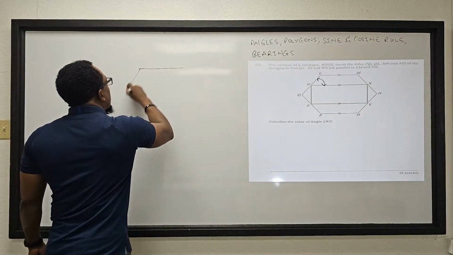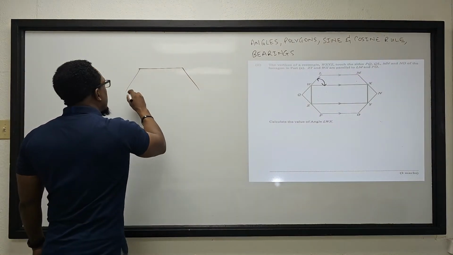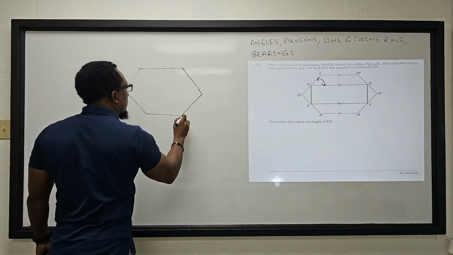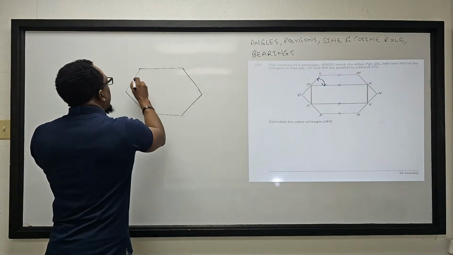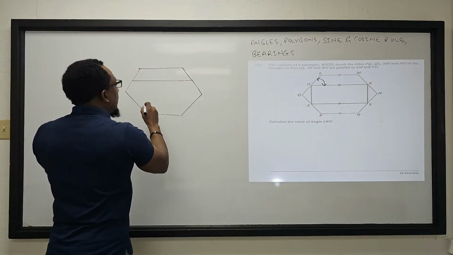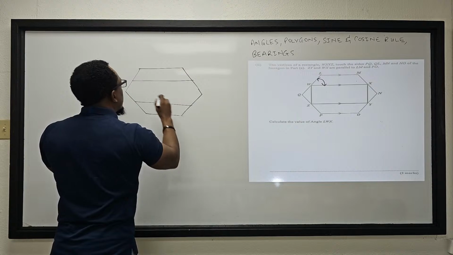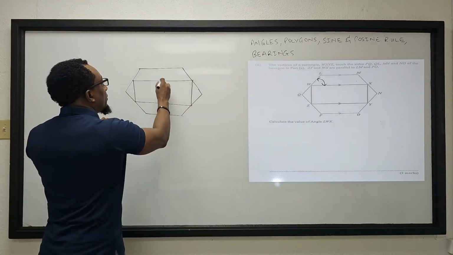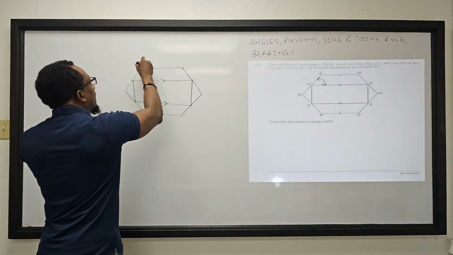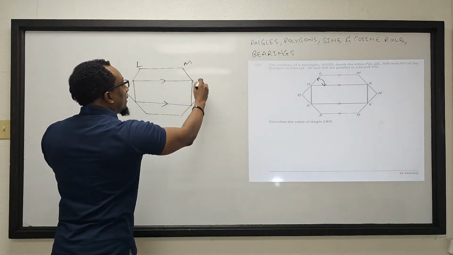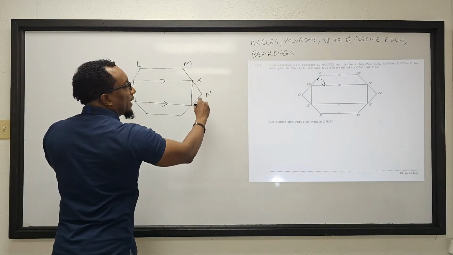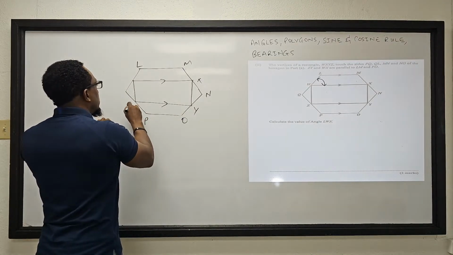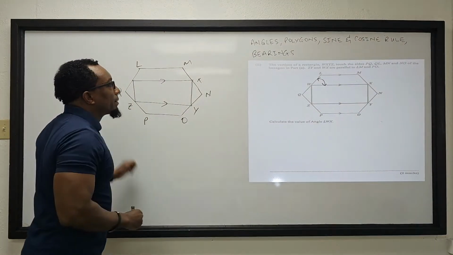So I'm going to pull out my hexagon here. I have 2 parallel lines here. Right? And this is L, M, X, N, Y, O, P, Z, Q. Good?